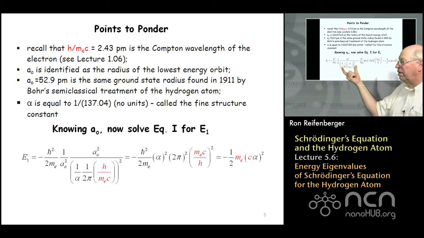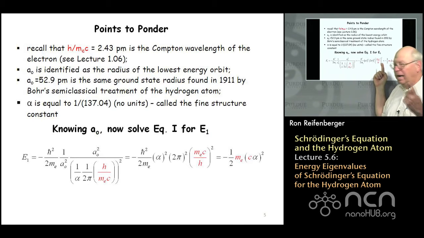So this is just a bit of arithmetic here. This whole quantity here is basically just unity. And at the end of the day, I got an expression for the energy eigenvalue of the lowest energy state in the hydrogen atom: it's equal to -1/2 times the mass of the electron times c squared times this constant alpha squared.